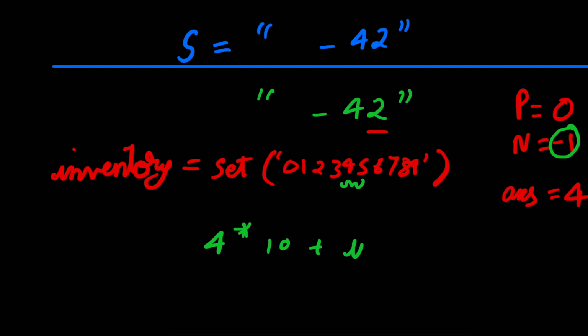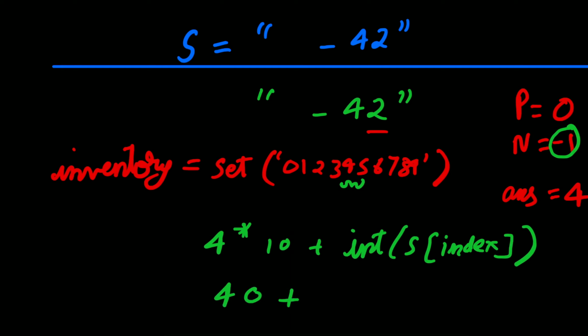So I can just put int s index. Okay. All right. So now what will it be? It will be 40 plus 2, which will be equal to 42. And here you go, we have our answer. So now answer will be 42, right?